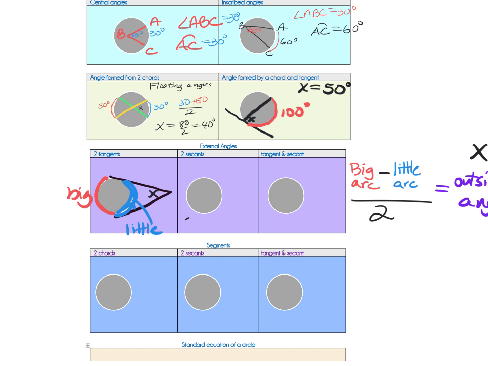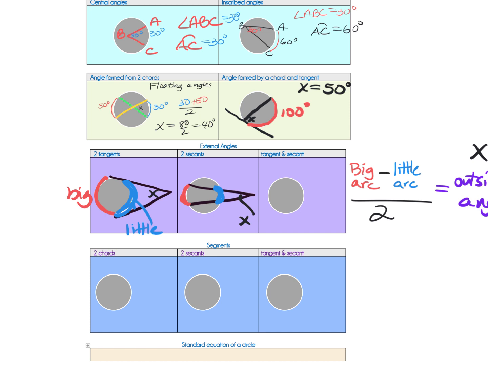Then when I have two, I change the color here? Okay. So when I have 2 secants, still the same thing. Big arc minus little arc is going to equal this outside angle.